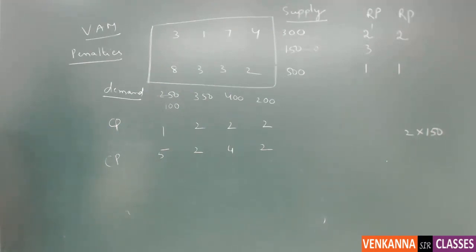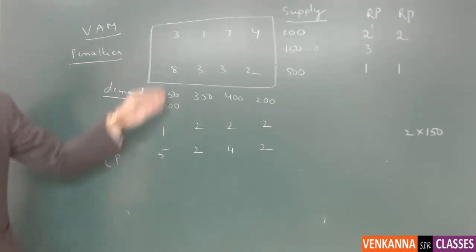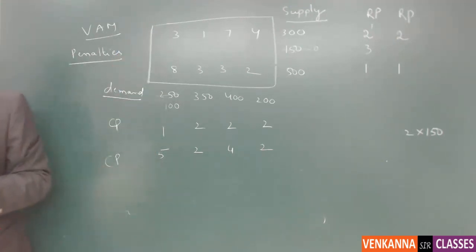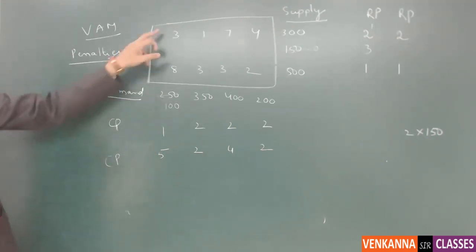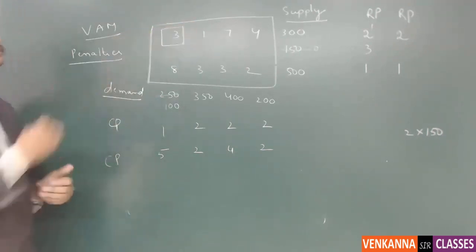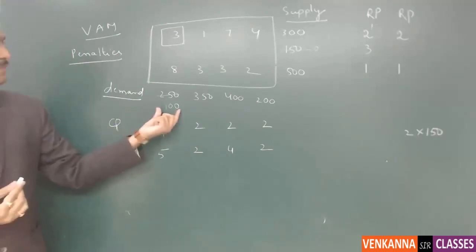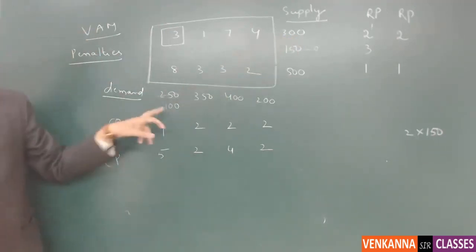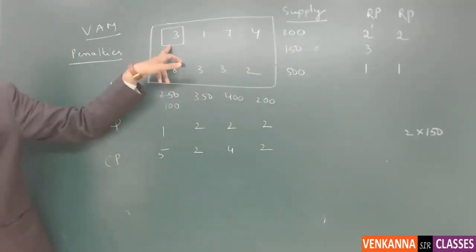Right. Now which one we need to choose now? The maximum among the penalties. First column. Right. So in the first column, again we follow the least cost approach. So for 3 and 8, we go with 3. If you take the demand as well as supply constraints, 100 will be allocated to 3 here.